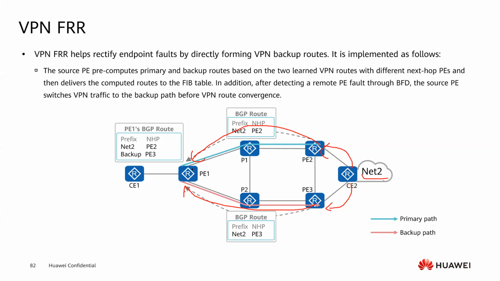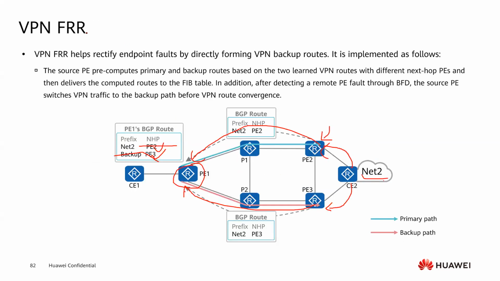And for PE1, they will use P2 as the primary and P3 as the backup. If P2 has a problem, I will use P3. This is widely used, but also a very simple way to prevent egress failure.